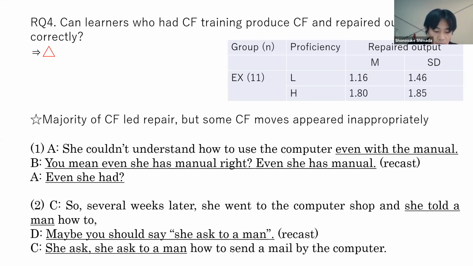Consequently, student A noticed both the CF provider's intended correction and his error in tense, and produced repaired utterances. In these cases, students could not give or respond to CF appropriately.